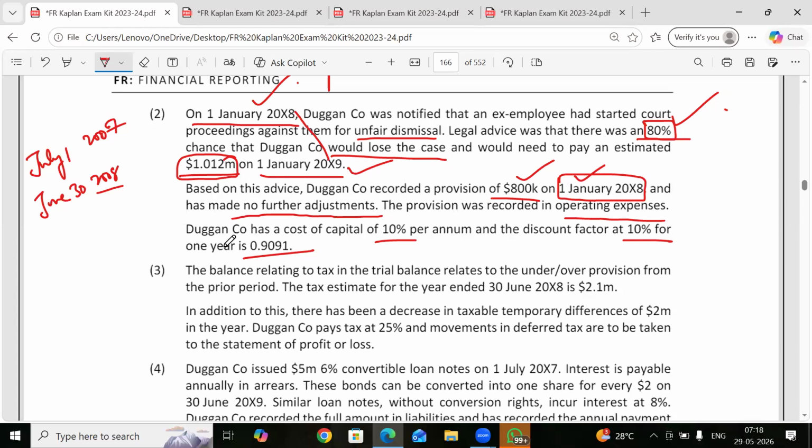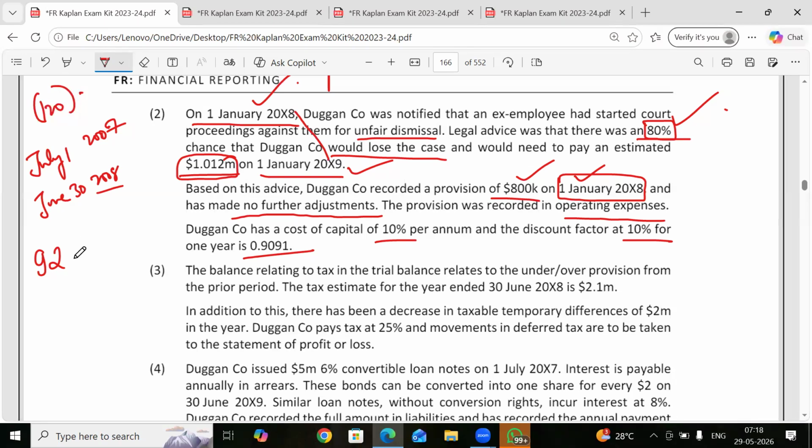So see, when they have to make these payments. Based on this advice, Duggan company recorded provision on 1st Jan and has not made any further adjustments. So they have to make the payment on January 1st. Okay. So how much do they need to make the payment? 920, 120 extra they need to make the payment.